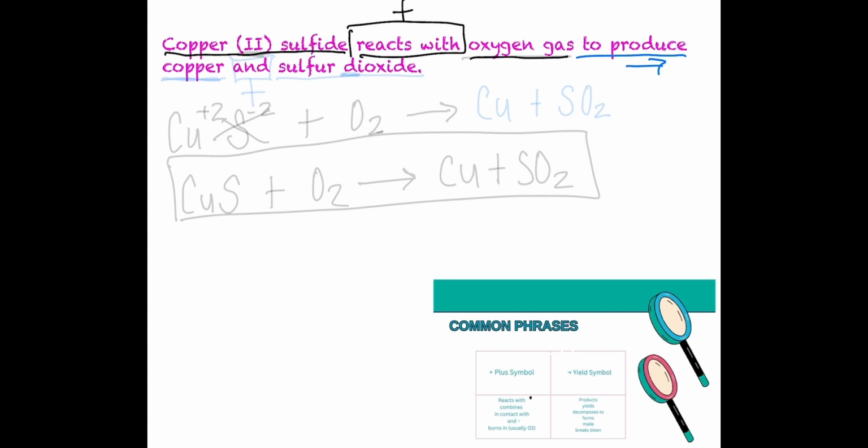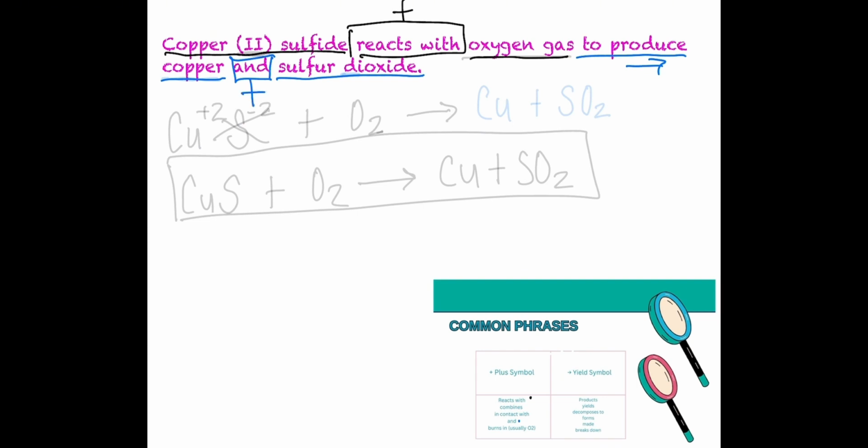After the yield sign, I see the elements copper and sulfur dioxide. The common phrase "and" falls under a plus symbol, so I'm going to write a plus symbol.